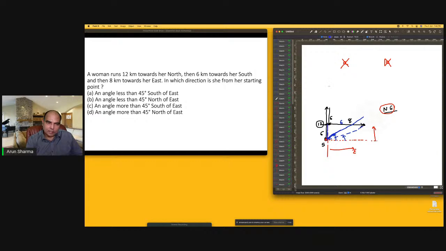So the correct answer is an angle less than 45 degrees north of east, which means we are essentially talking about option B here. Right? So that's about it in this question.